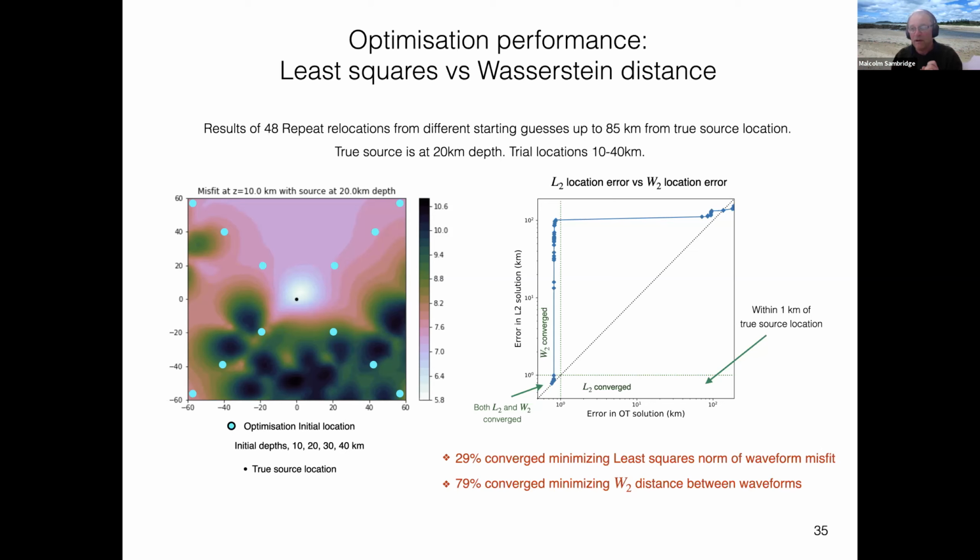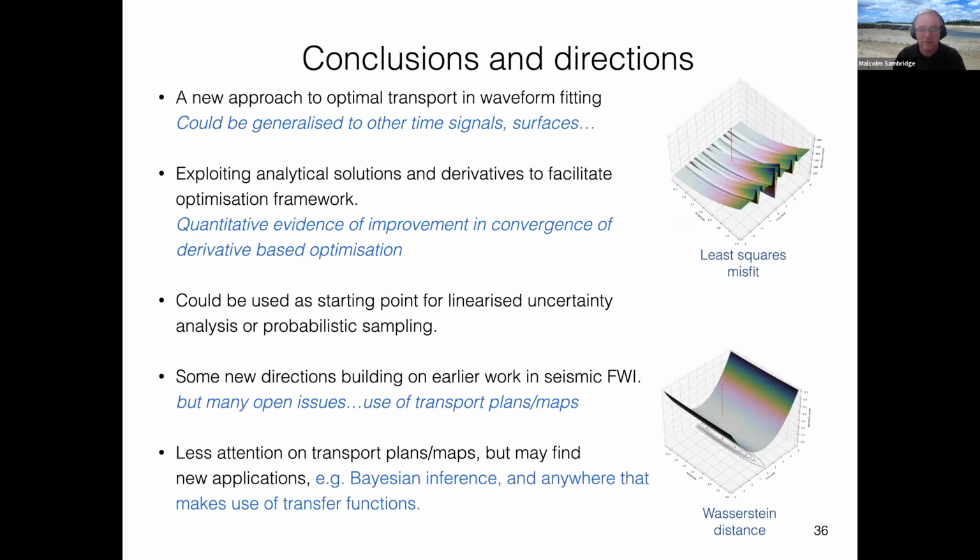In the Ricker problem, it was perfect, it will converge from everywhere. It's not true here. We still have solutions that don't converge, in this case for the Wasserstein and the L2, so they're in the top right. But overall, there's 29% convergence from the least squares and 79% from the Wasserstein. So I think that's quantitative evidence that the process has been improved. We can converge from further out, and it's an alternative misfit function for this problem.